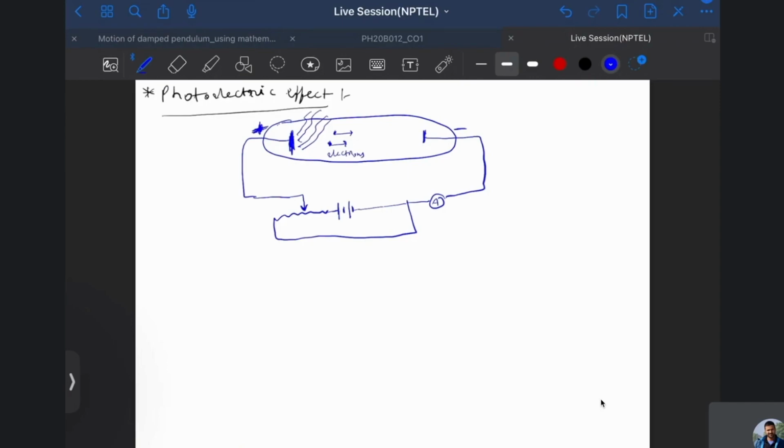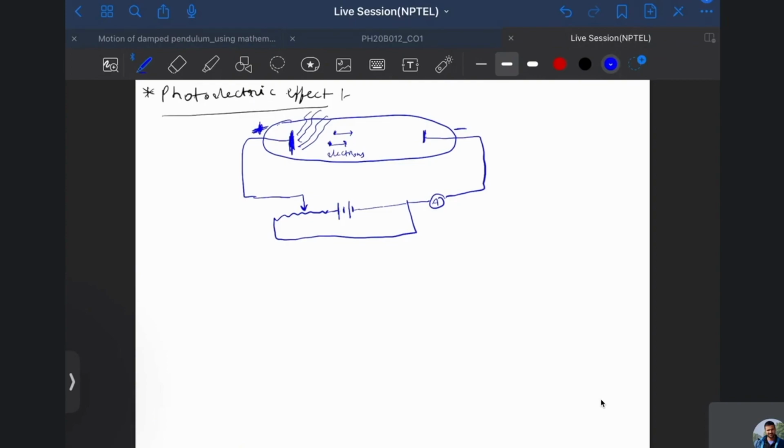These electrons will carry some kinetic energy when they are emitted, and they will start moving towards the cathode.